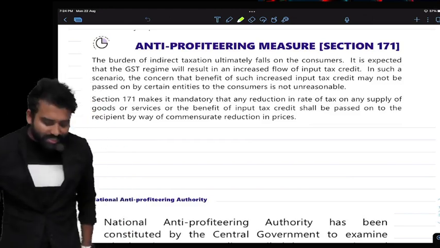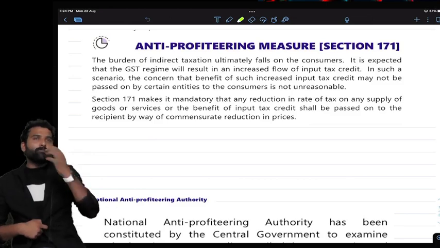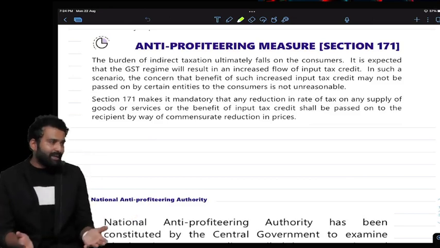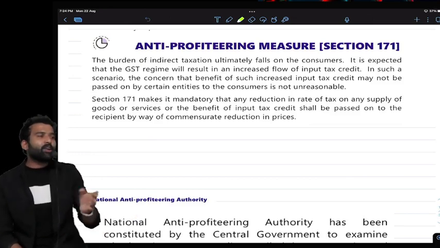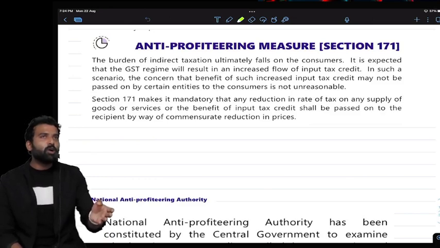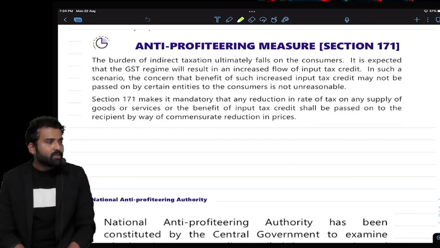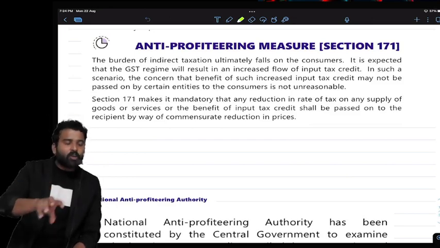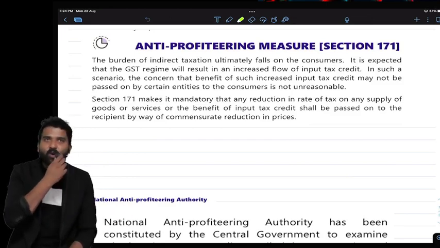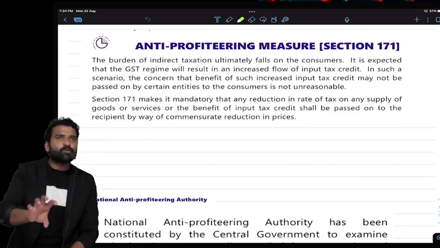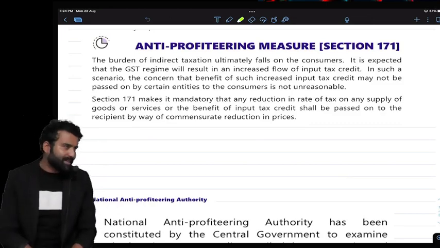What this clause says is, for example, from today, like 22nd August, the rate of GST has been reduced from 18% to 5% on cosmetic products.